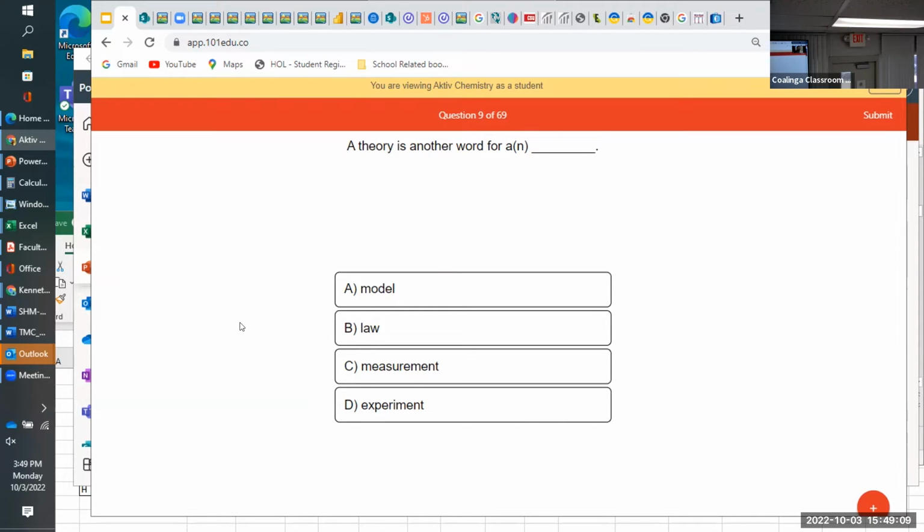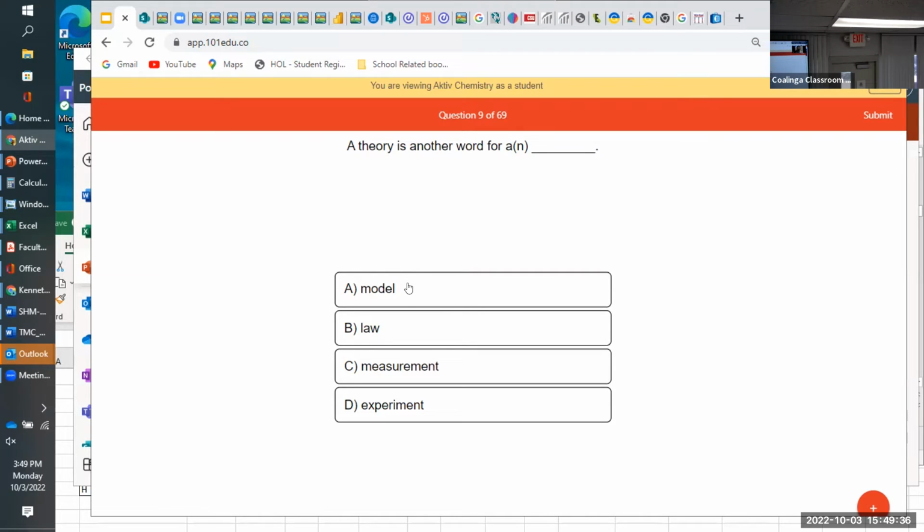So D as in donkey or B as in boy. How many of you say A? Raise your hand. Okay, how many of you say B as in boy? How many of you say C as in cat? And how many of you say D as in dog?